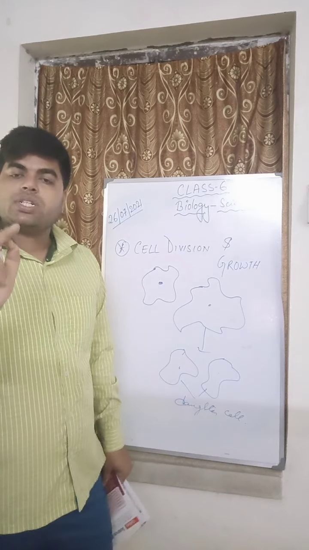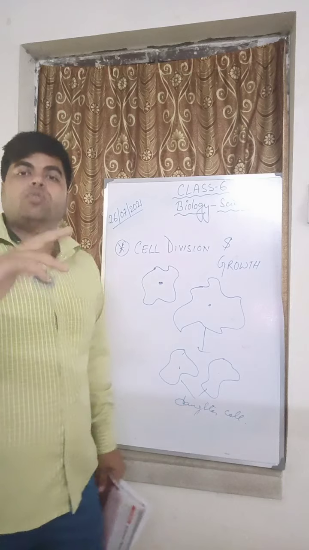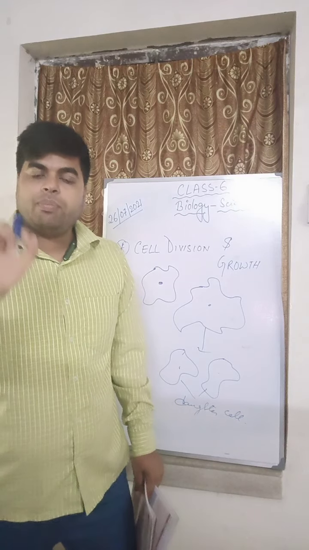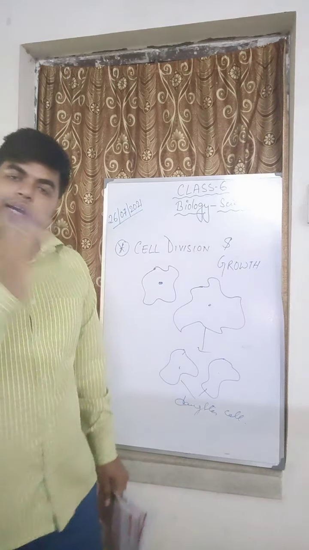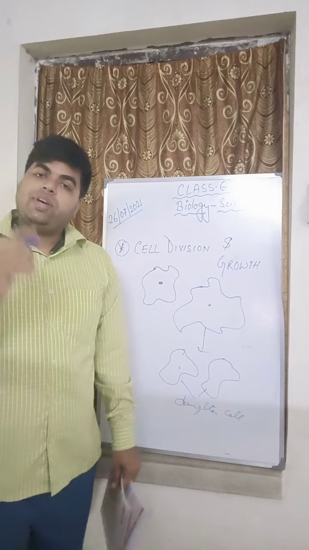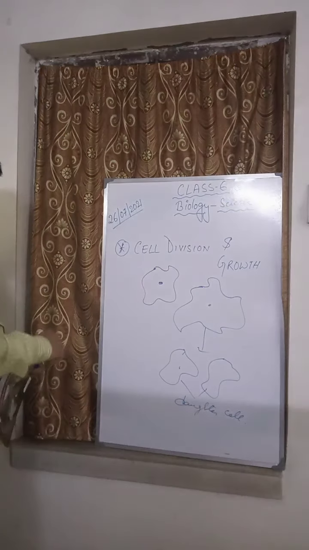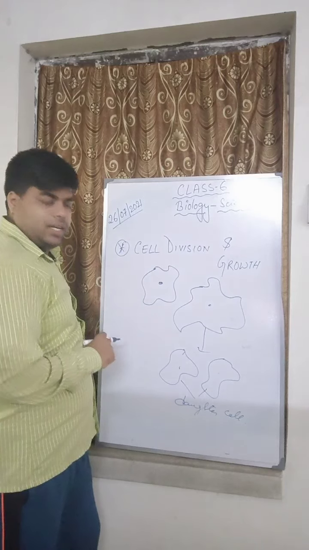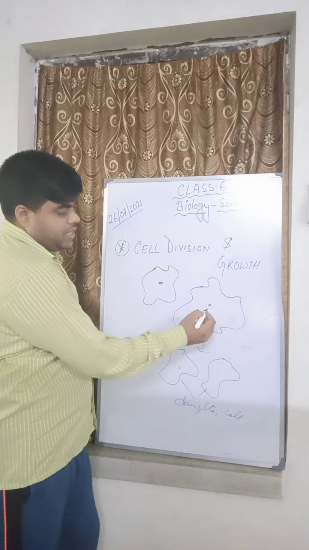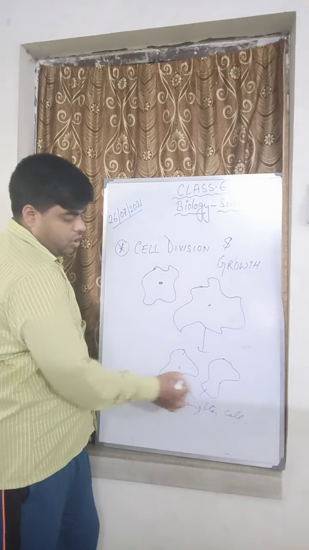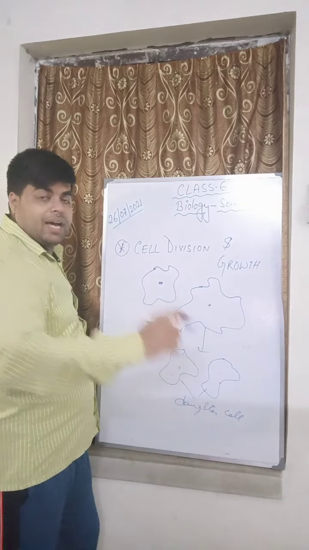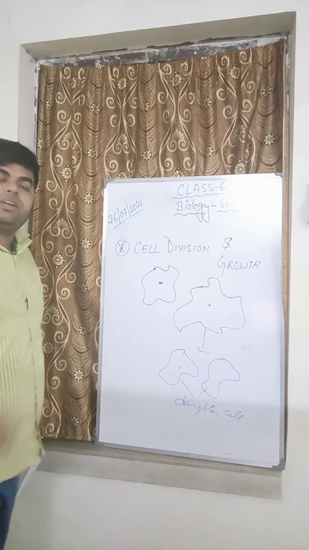Remember, in equational division, each and every cell will have the same equal genetic material as the parent. In mitosis, if this is the parent cell and these two are daughter cells, all three cells will have the same identical genetic material.